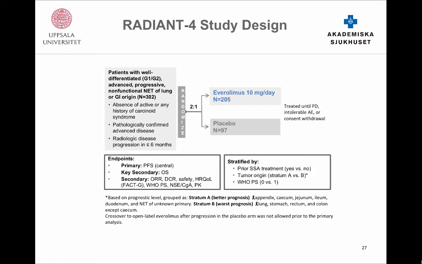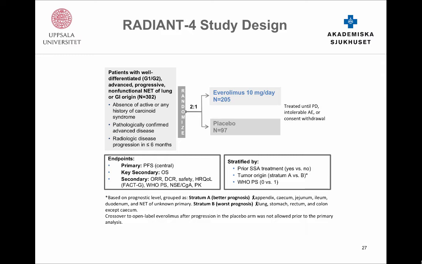So that formed the basis then for the RADIANT-4 study, which was exclusively done for patients of non-pancreatic tumors. So it included both small intestinal, but a lot of lung carcinoids, as well as rectal carcinoid, colonic carcinoids, and so on.